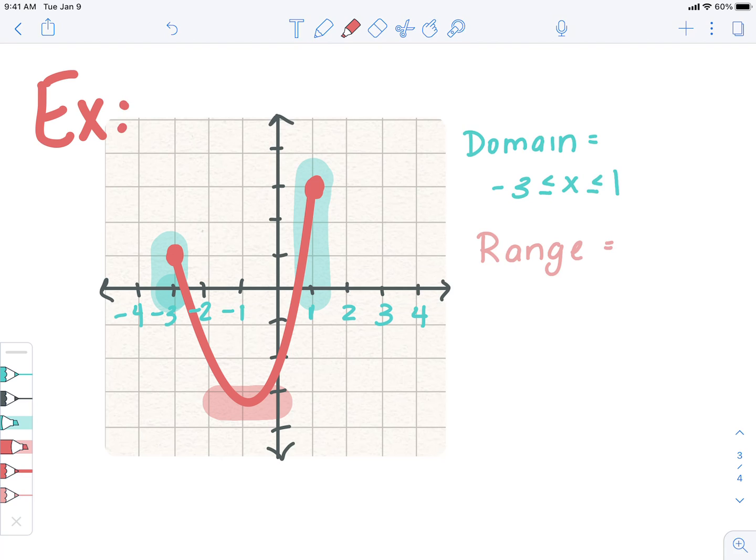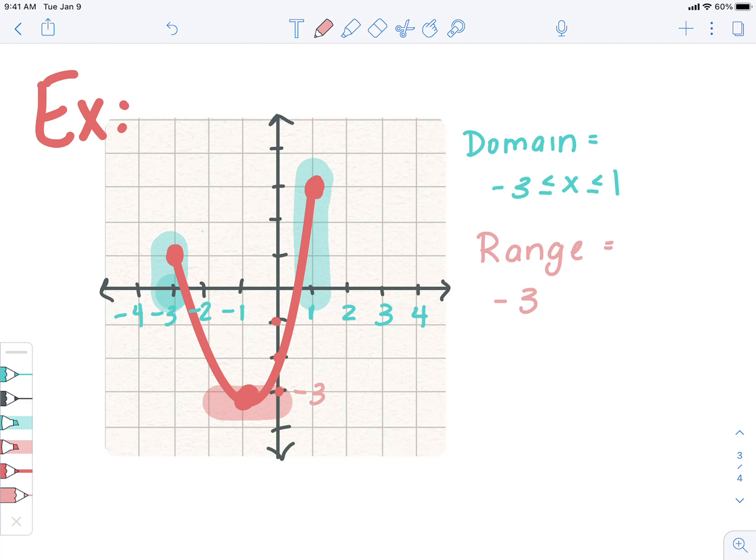So that's where I want my range to start. And we're going to pretend I drew a better picture, and we'll say that that point is at -3. So my range starts at -3.